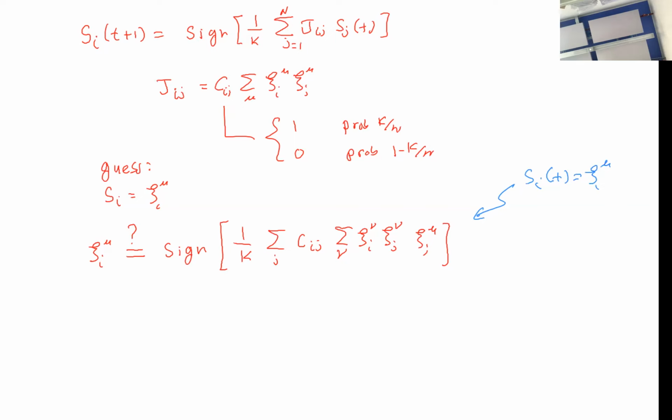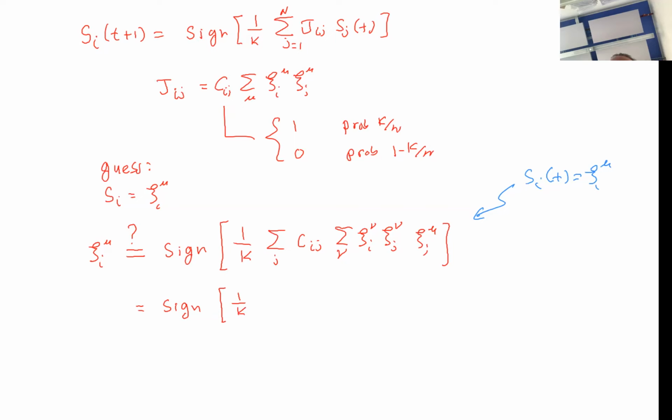That's our guess. So as before, we separate out terms. That equals sine of 1 over k. Well, first we'll separate the nu equals mu term.